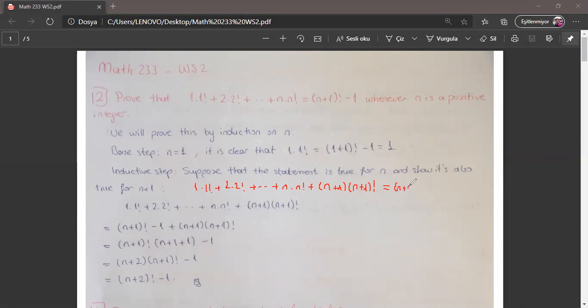So we have (n plus 1) factorial minus 1, which is (n plus 2) factorial minus 1.